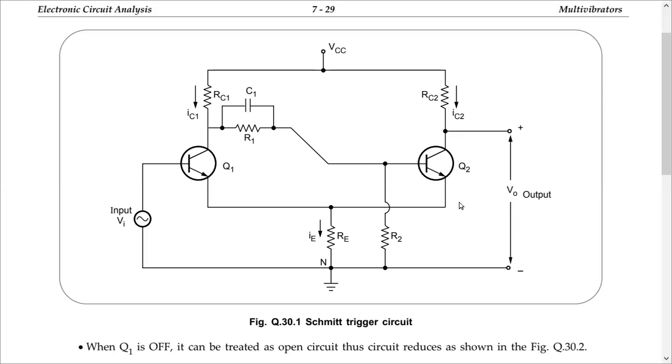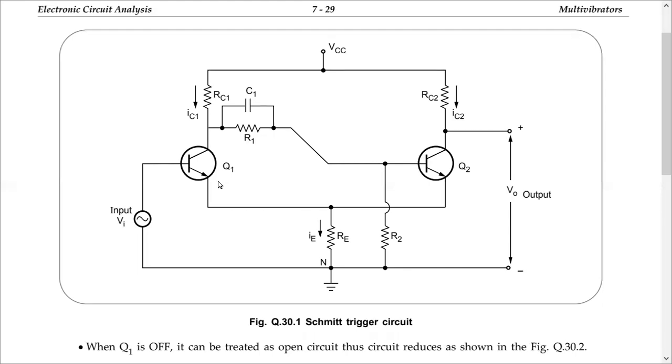Because Q2 is on, there is current flow in this path, and because of that current flow, a positive voltage is generated here. This positive voltage is connected to the emitter, the N region of an NPN transistor, so the transistor Q1 will be off.